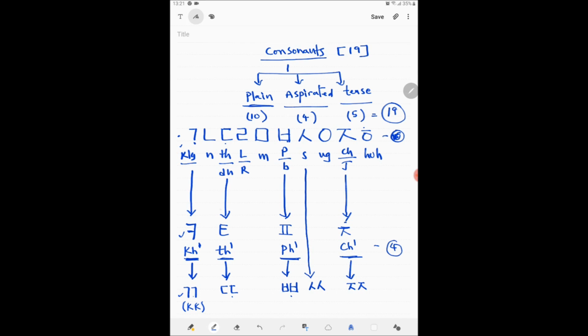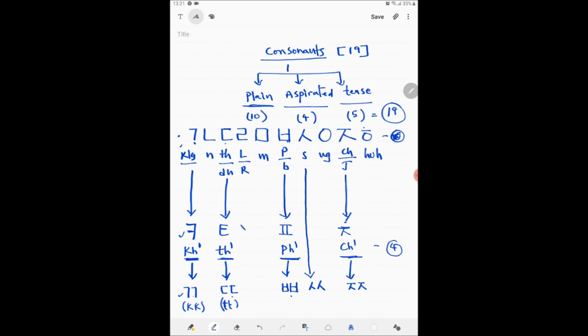You do not have aspirated and tense forms for n, but you have aspirated and tense forms for th. So plain is th, aspirated is th', and the tense form is th two times, tt.